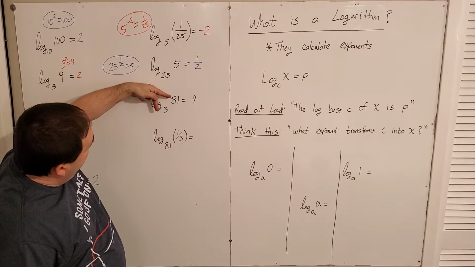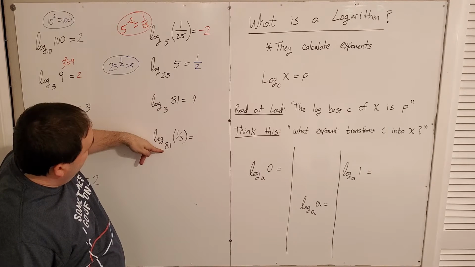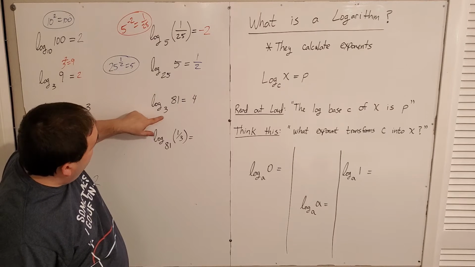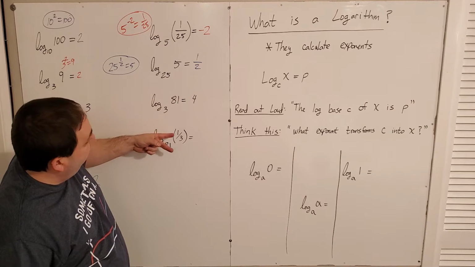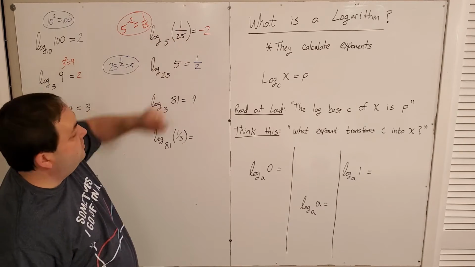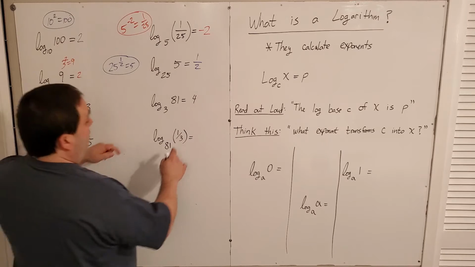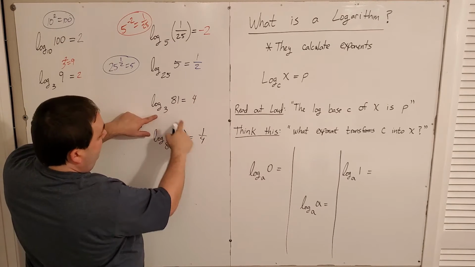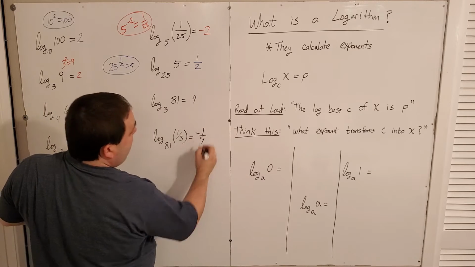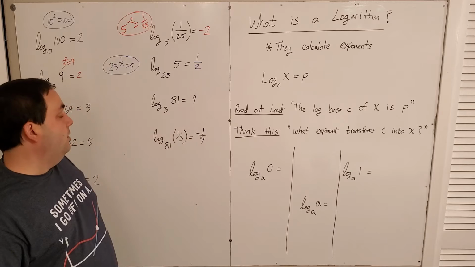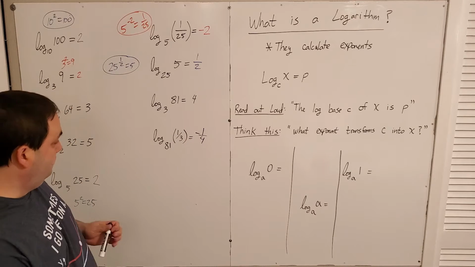I've swapped the 81 into the base, which means it's going to flip the answer. Also, I changed the 3 into a 1/3, which means it's going to change the sign of the answer, right? It's like putting both of these two methods together. So look, swapping it makes it 1/4 instead of 4, and flipping one of these makes it negative instead of positive. So the log base 81 of 1/3 would be negative 1/4. Okay?